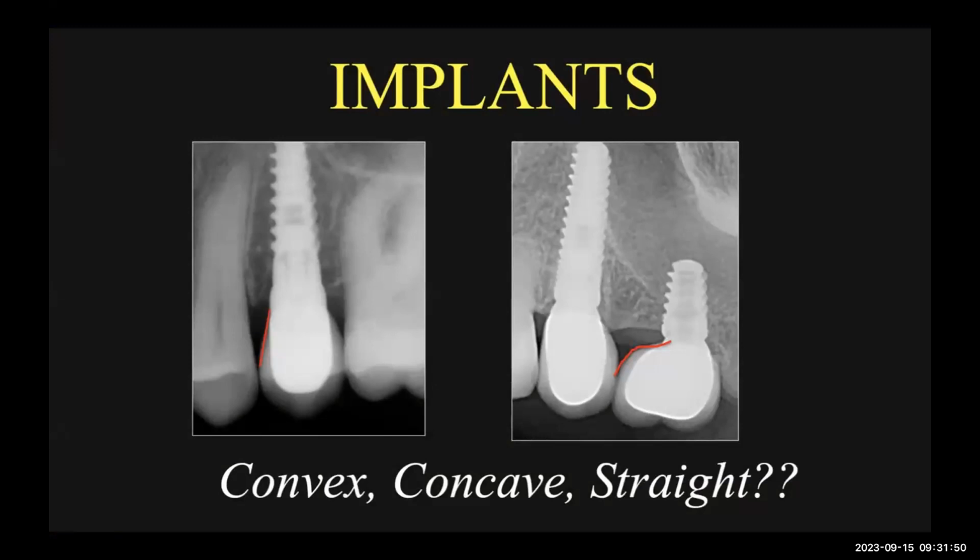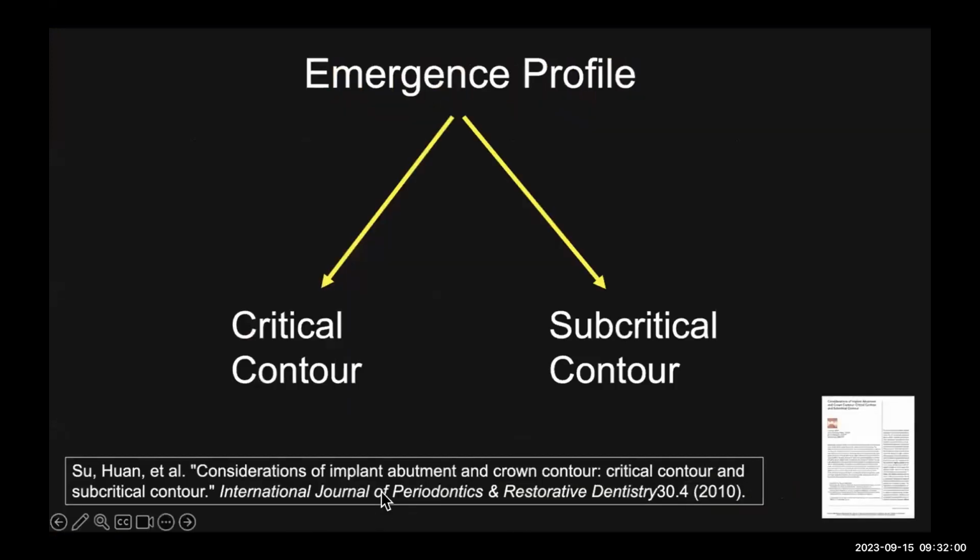So for implants, should we have a convex, a concave, or a straight profile? What is the most ideal to prevent peri-implant disease? Well, if we look at the literature, Su in 2010 actually renamed the emergence profile for an implant into two zones. One is called the critical contour, and the second is called the subcritical contour.